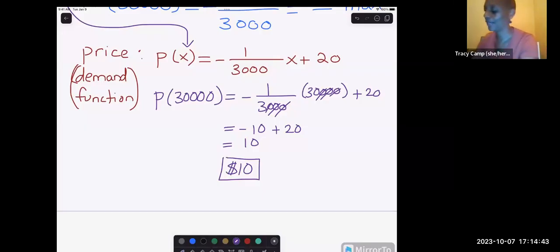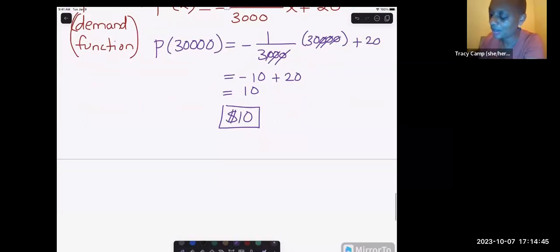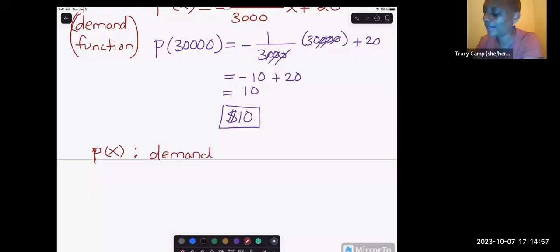So just a reminder, little p of x represents demand, where p is the price and x is the number of items.